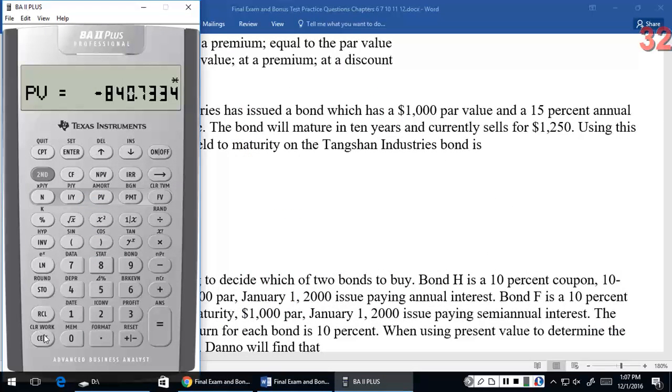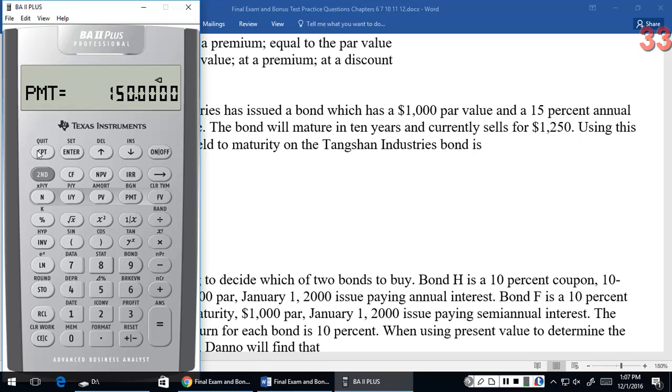All right, so again, I'm going to go through the clear process. 1,000 is the future value. 1,250, we're going to make it negative here. Press the present value key. 10 is my N, and 150 was my payment.